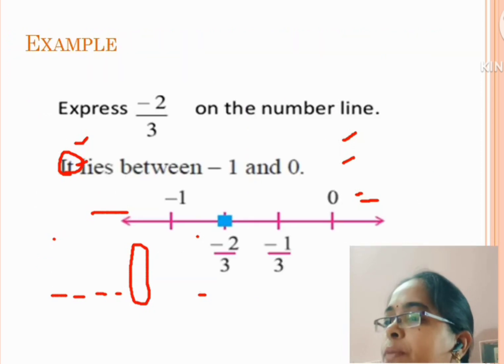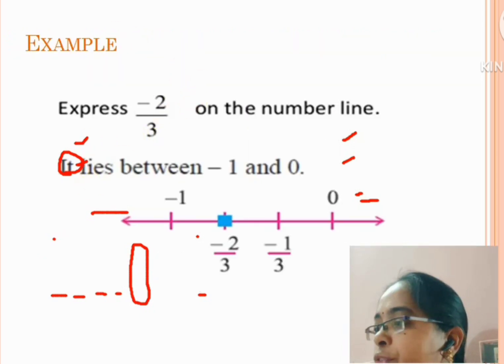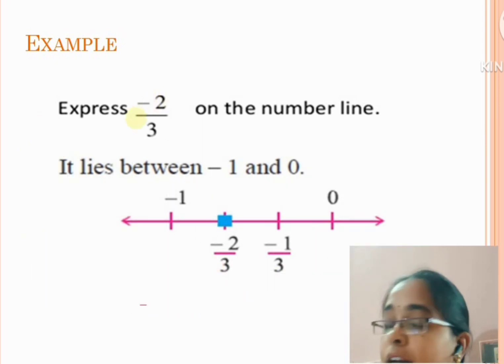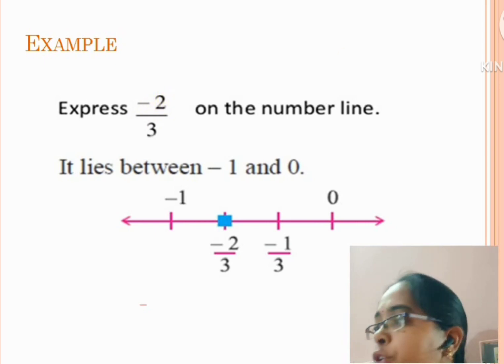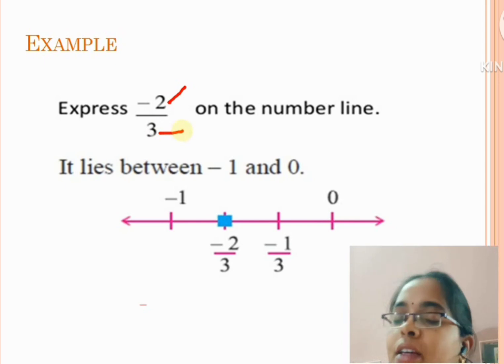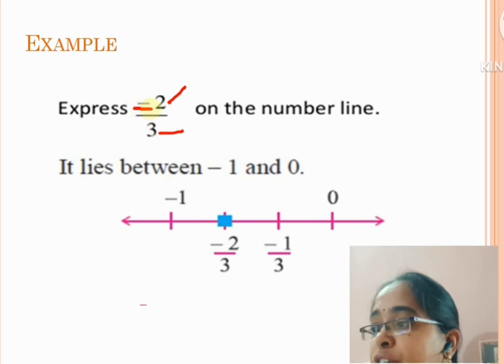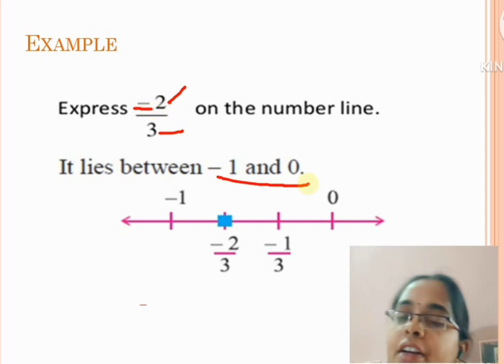Now see one example. Suppose we have minus 2 by 3. See how to represent minus 2 by 3 on the number line. Here the numerator is smaller than the denominator, so we think that the rational number lies between 0 and 1. But here it is a negative number. If the rational number is negative, it lies between minus 1 and 0.